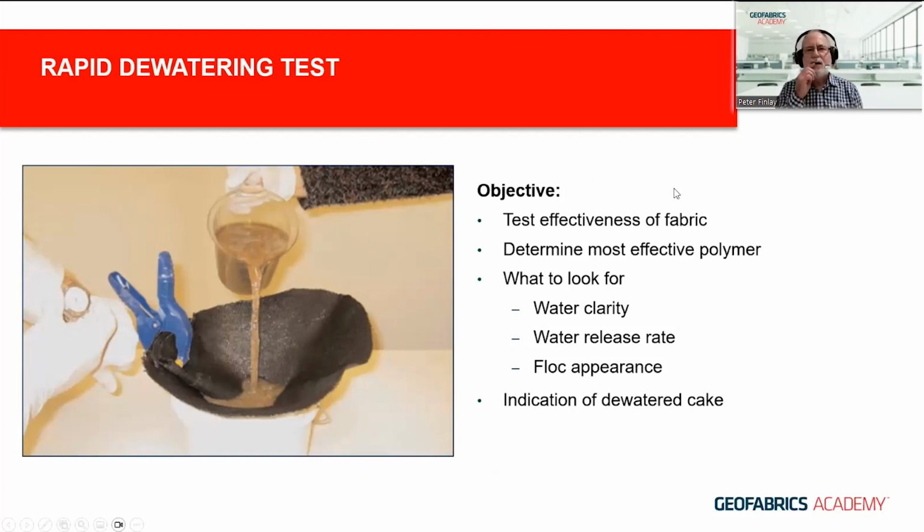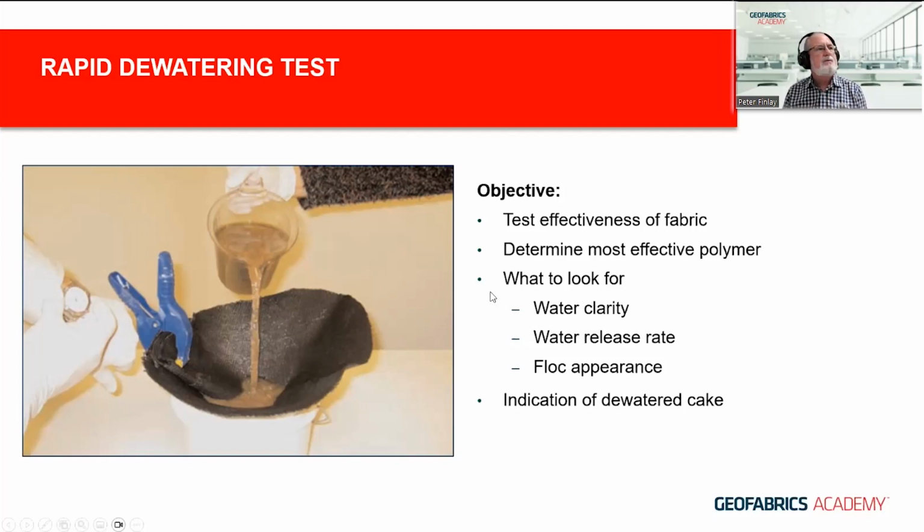And the objective here is to work out the best combination, really, of matching the fabric with the sludge and the polymer treatment. So you're looking at the effectiveness of the fabric in combination with the best flocculant.